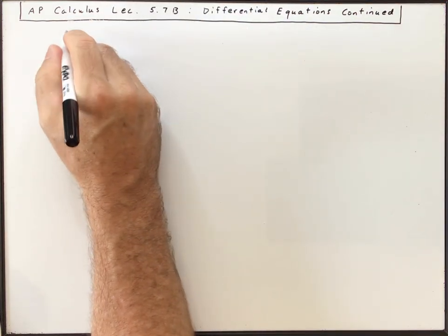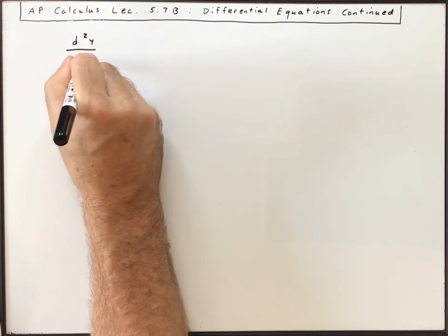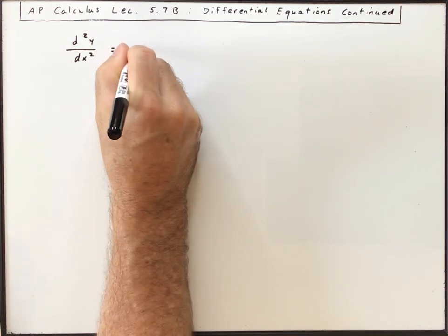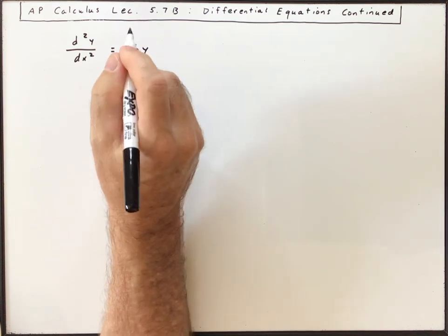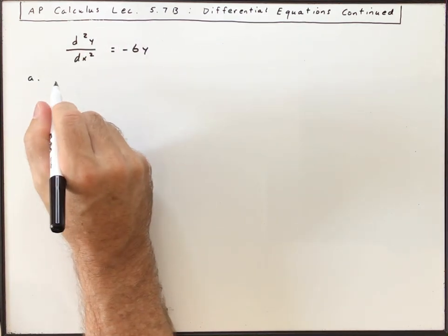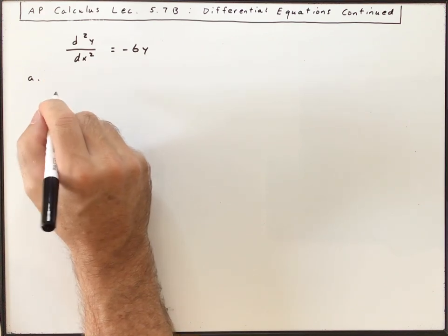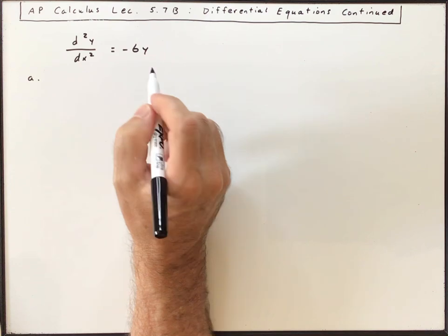So what we're going to do, so part A, it accidentally says B on the sheet, is we're just going to take the first derivative and the second derivative and see if it is equal to negative 6y.